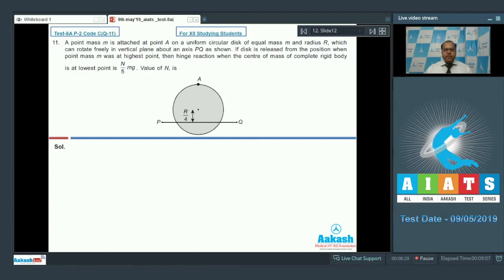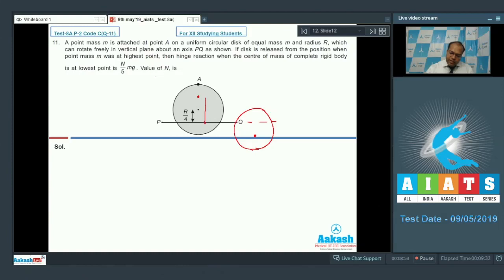So at the instant when the center of mass of the complete rigid body is at the lowest point, the situation is something like this. And at that moment, the center of mass of the system is at this position, which is initially at this point.